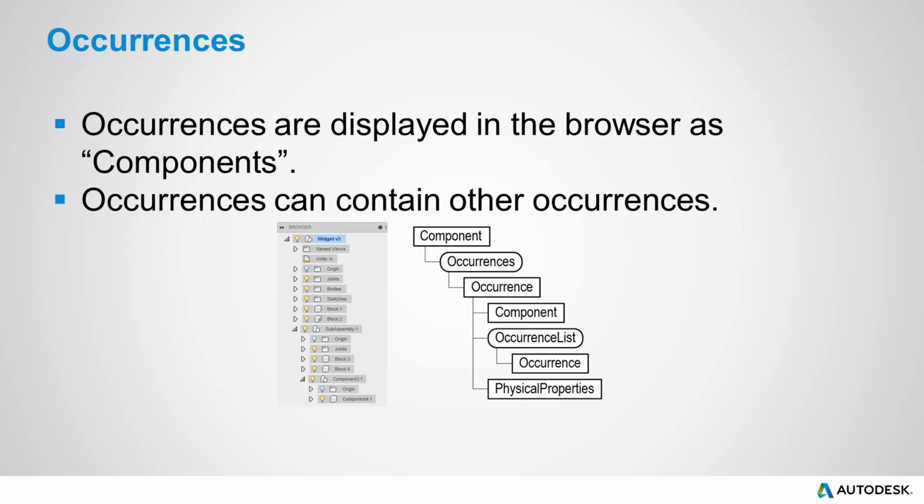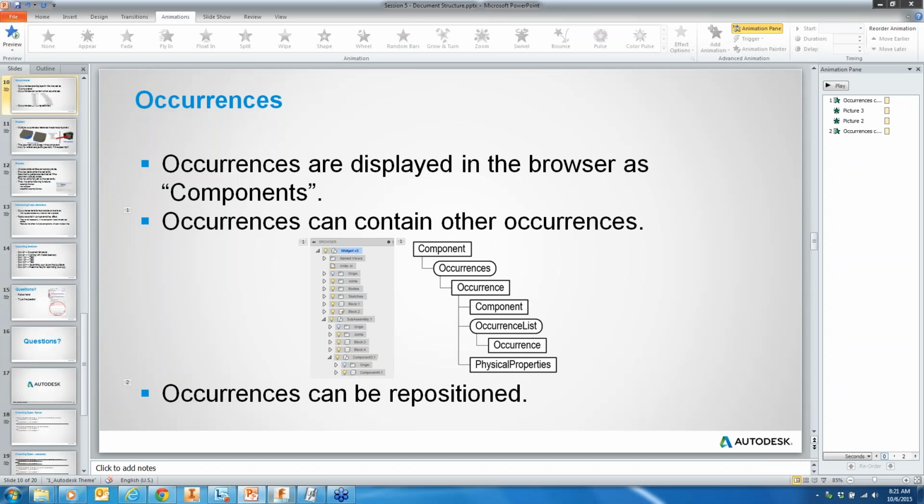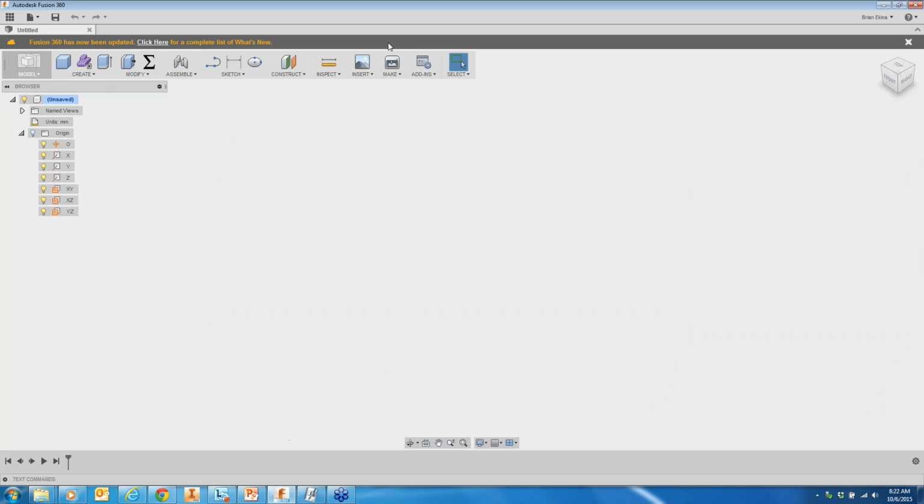All right, so let me just do a little demonstration here to show better what I'm talking about. All right, so here we have Fusion. And I'm going to go kind of slow here because it's just slow for everybody's screen to update.